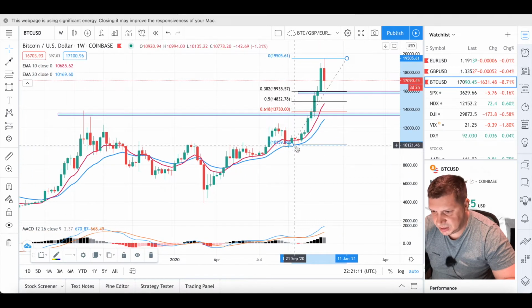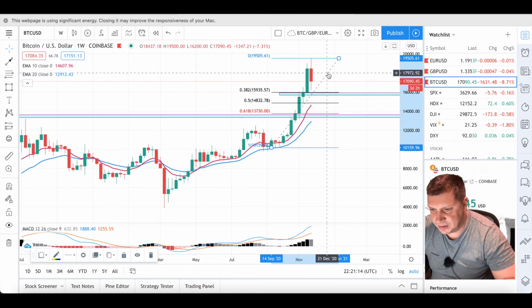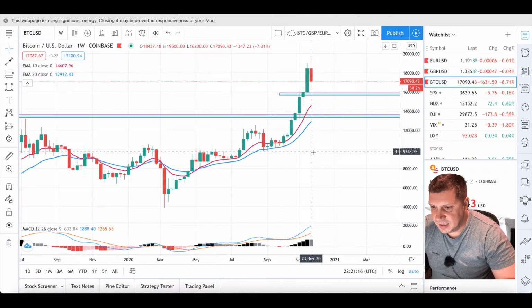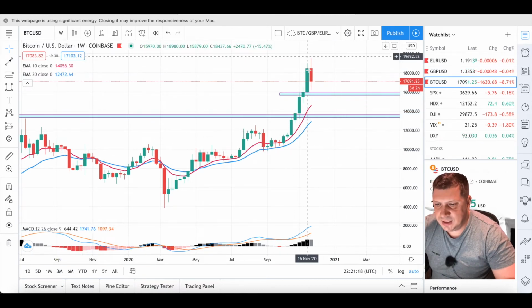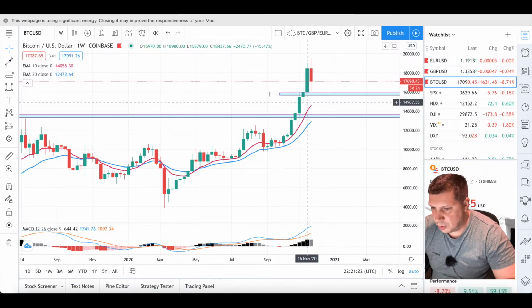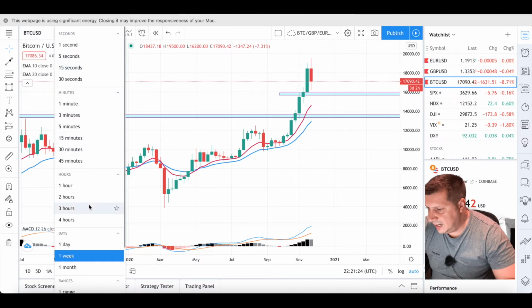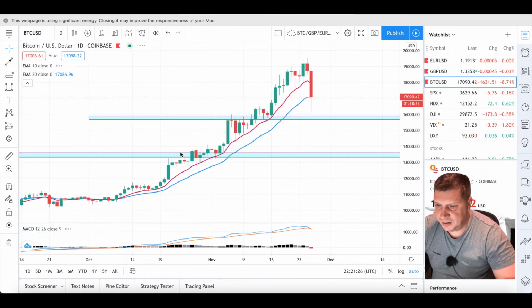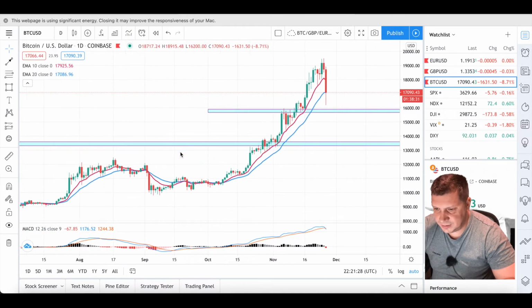It is just a little bit higher than this, so it actually makes no sense. So we see these two areas for possible support, but if we go to daily, then it makes it a little more clear for us.